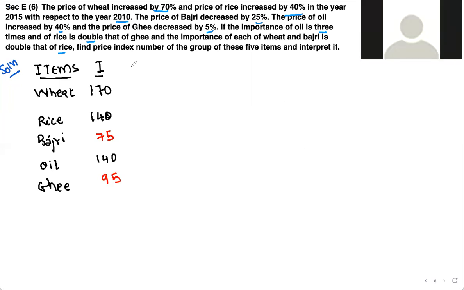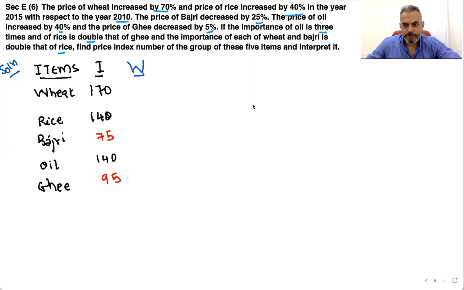Now, weights. This is important. That's why I'm solving this. Now, in weights, the importance of oil is three times and of rice is double that of ghee. So let's take ghee as 1. Now, the importance of oil is 3 times, so it is 3, and rice is double, so rice is 2.